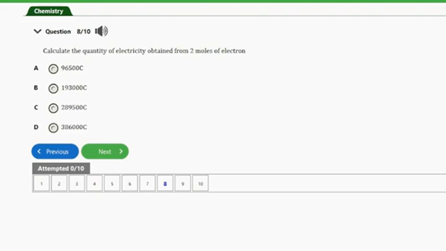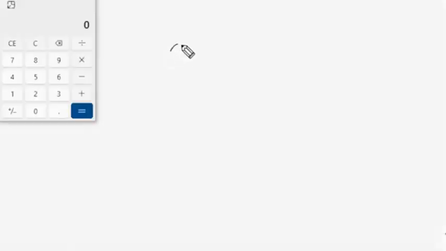So the question here says, calculate the quantity of electricity obtained from 2 moles of electron. So guys, that's actually very simple. 2 moles of electron will have 2 times the Faraday's constant, that's 96,500.